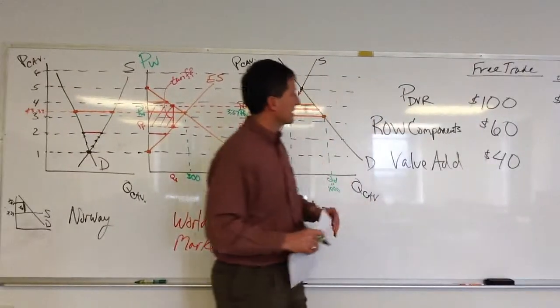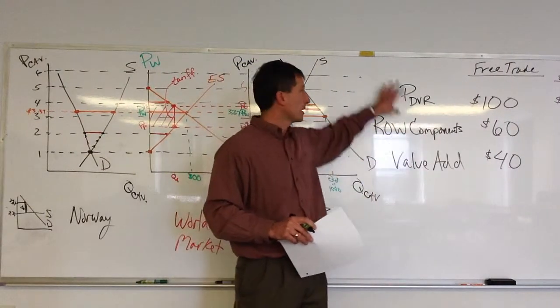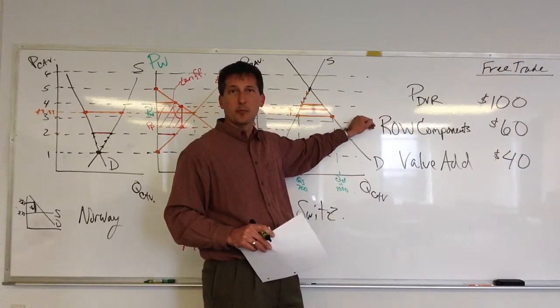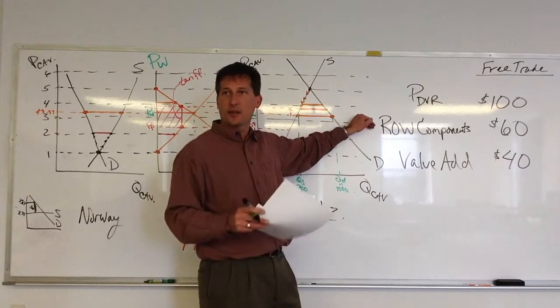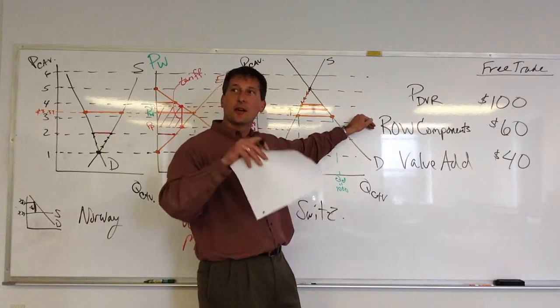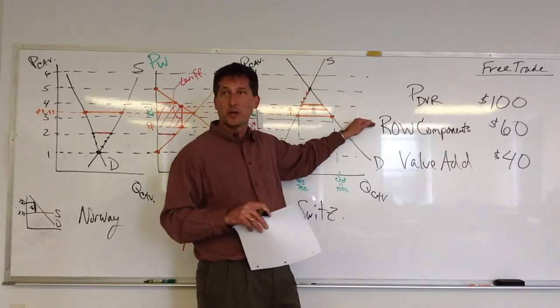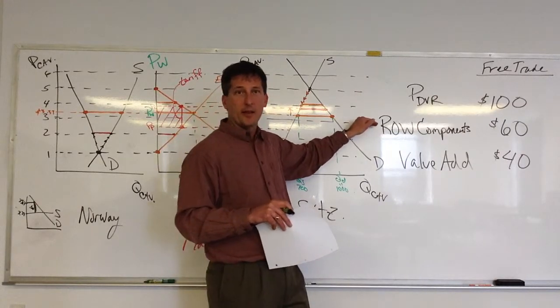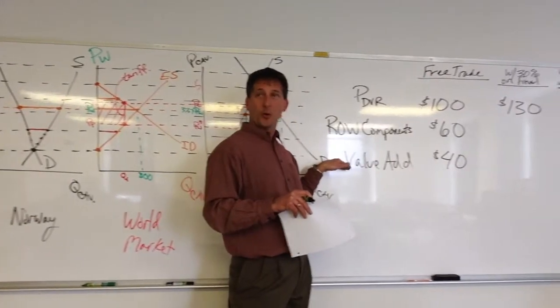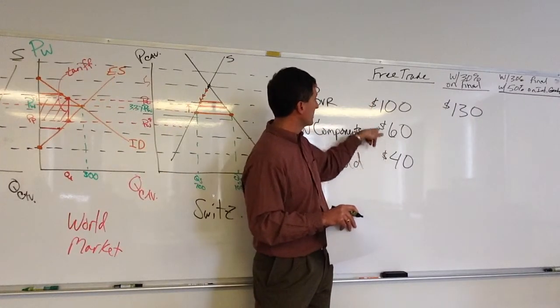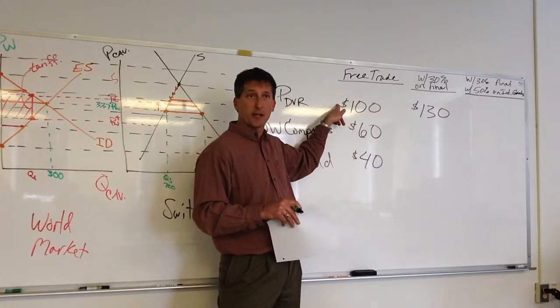Let me just use the United States as the country we're talking about. So the United States has $60 that they import from Indonesia and China and other places, right? So $60 of the $100 DVR is from foreign components. And then the Americans put in 40, and that's what makes up the 40 plus 60 equals $100 price. You with me?